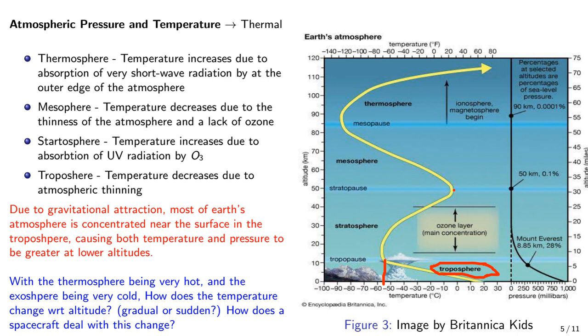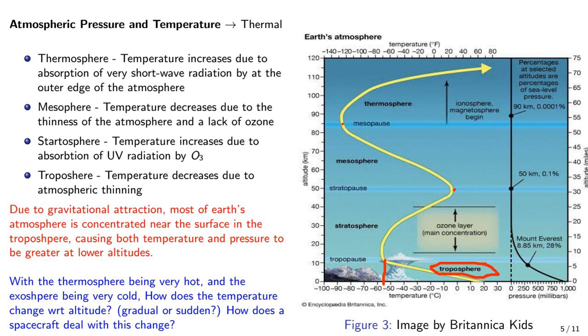As you climb up again, sending your spacecraft into space, it goes into the mesosphere. Look at how temperature decreases. Here you have around negative 80 degrees at the mesopause, at about 85 kilometers high.